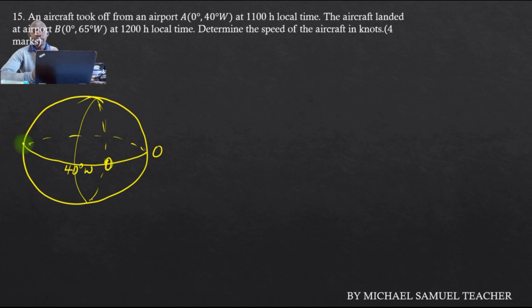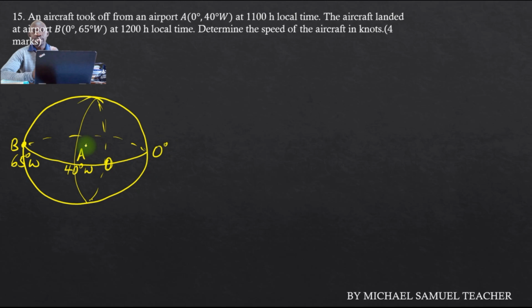Then we have airport B, which is 65 degrees west. All the airports lie on the equator, 0 degrees.